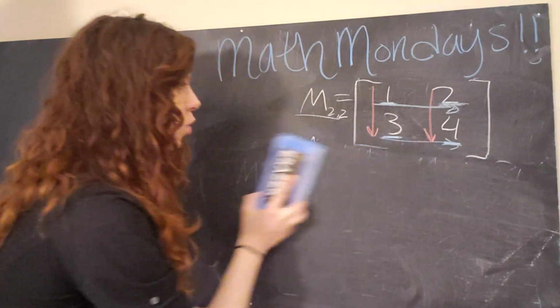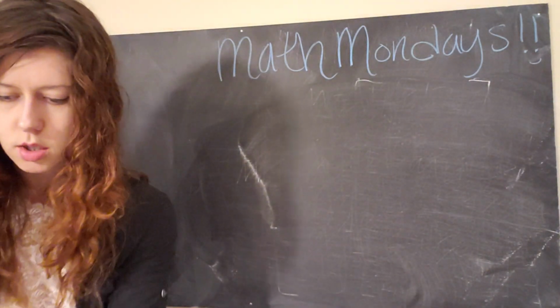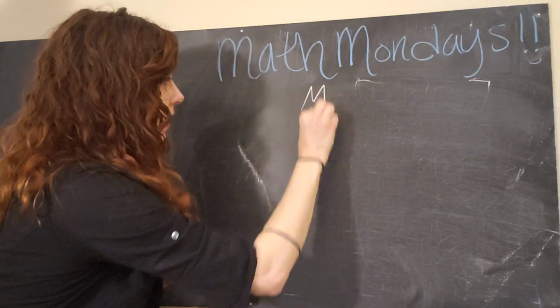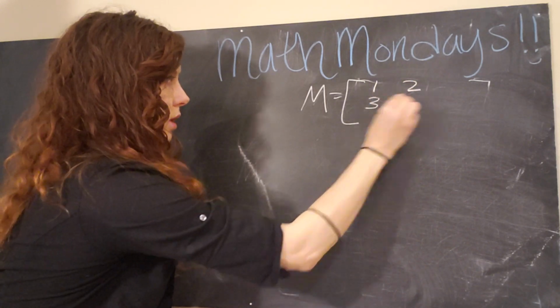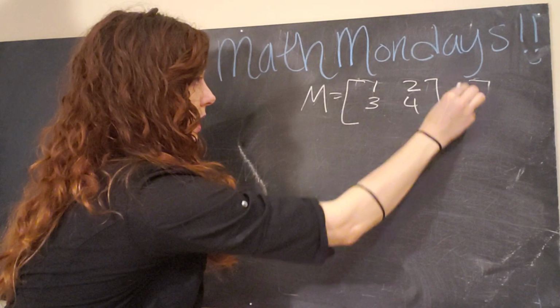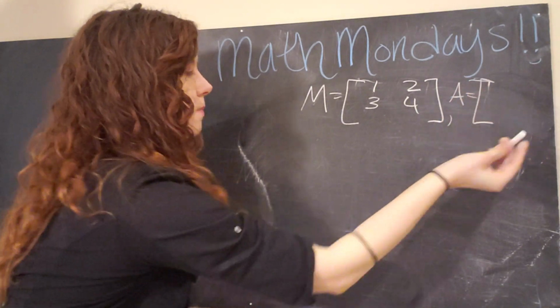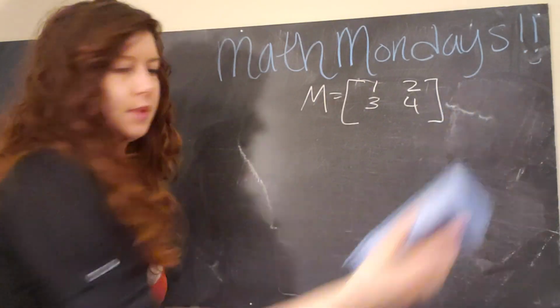Okay, so I'm going to erase this and make it smaller. We're going to start with the same matrix, 1, 2, 3, 4, and we are going to multiply it by A. I'll write it down here.